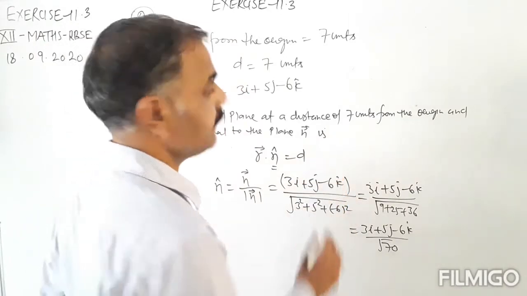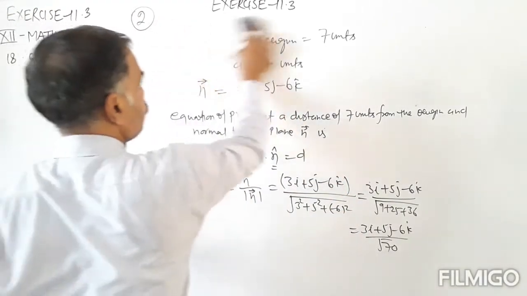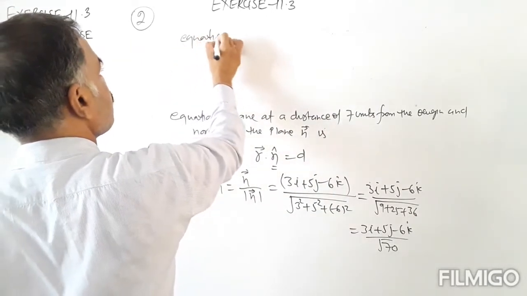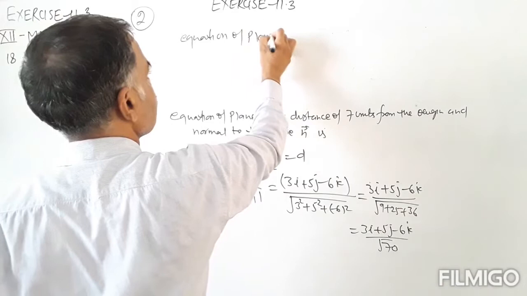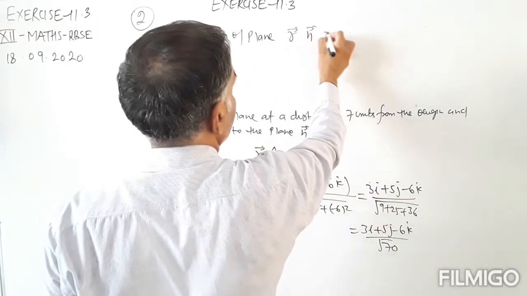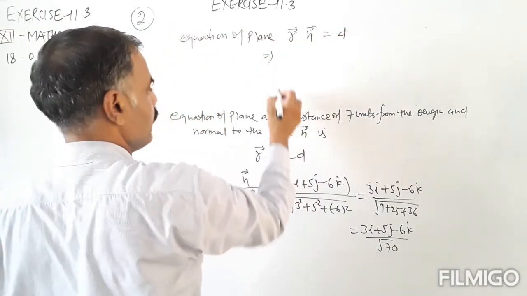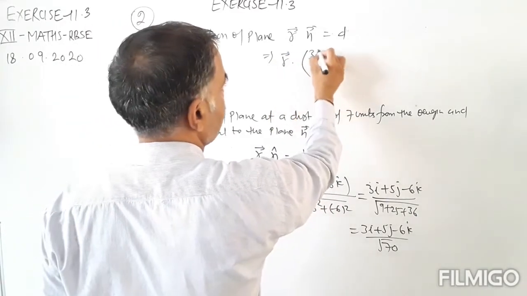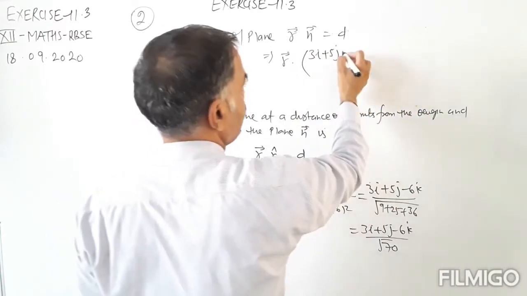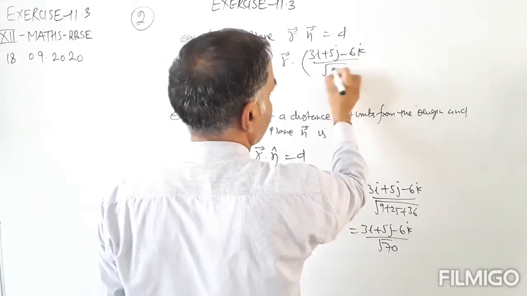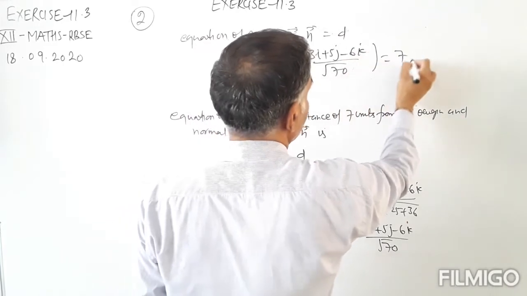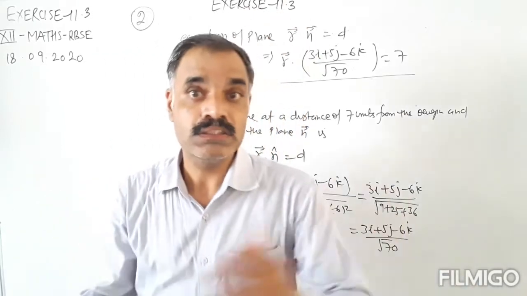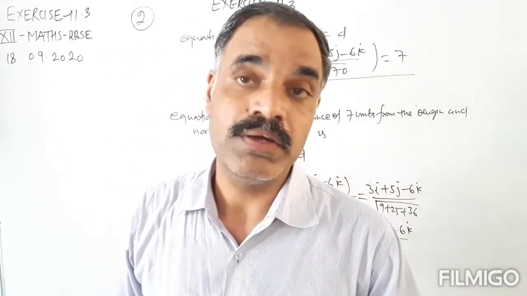So equation of plane is r vector dot n cap is equals to d. So r vector dot 3i cap plus 5j cap minus 6k cap divided by under root 70 is equals to d. D means 7 units. Okay, so this is the equation of plane in vector form.